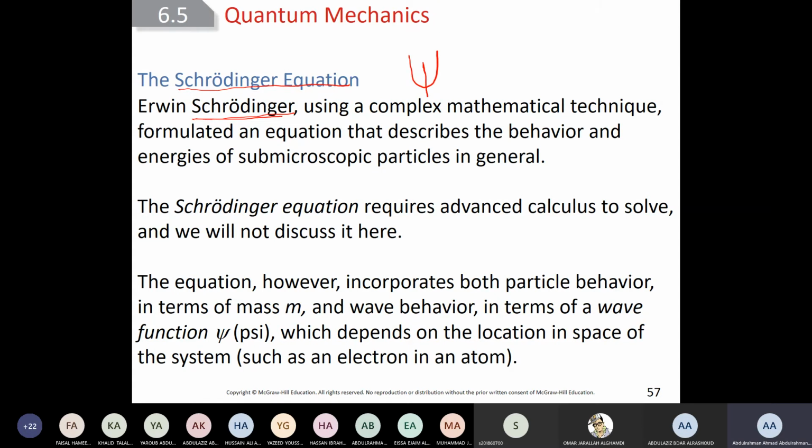We write it like this, but when we read it, we just say psi, as if there is no P. Psi is called Schrödinger, another scientist name you must memorize. Schrödinger equation, psi, represents the wave, the electron waves. Can you see here?